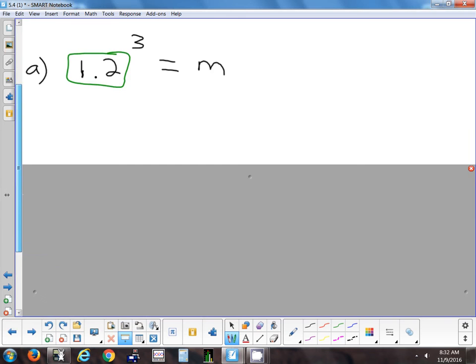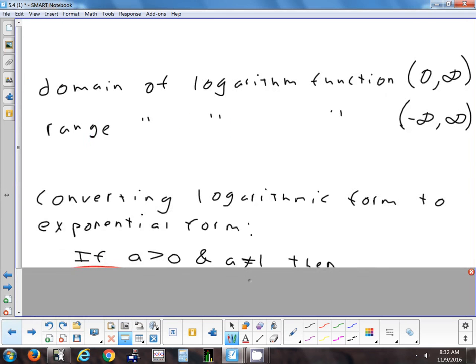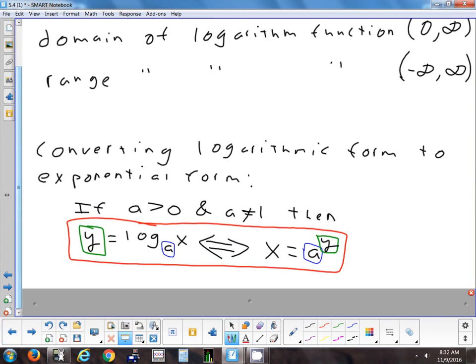So we'll practice converting both ways. And there's your formula. What I tried to do is put boxes around where the things move, so you just have to keep track of what moves where.